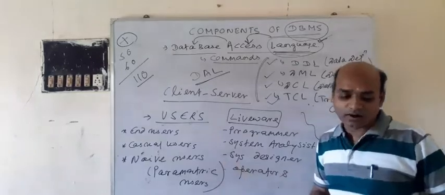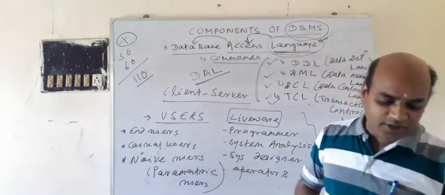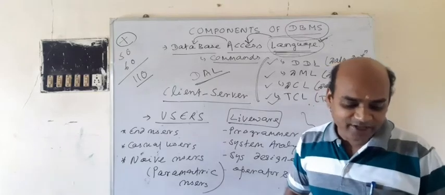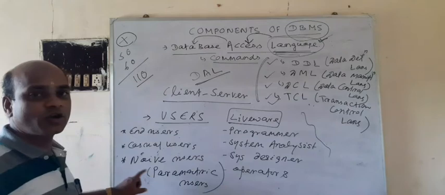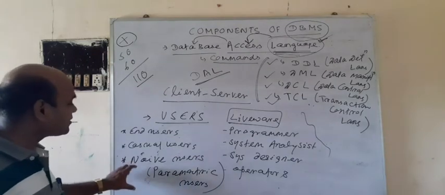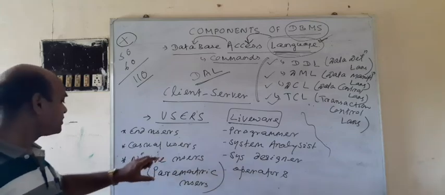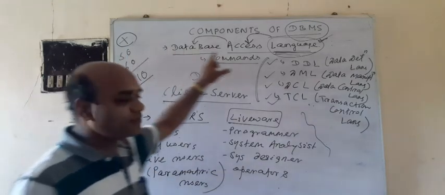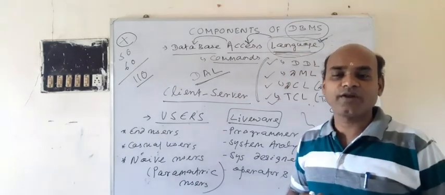These users are also required to give the result. This is just like a clerical job, to extract the required result from the database management system. So these are the five important components of a database management system.